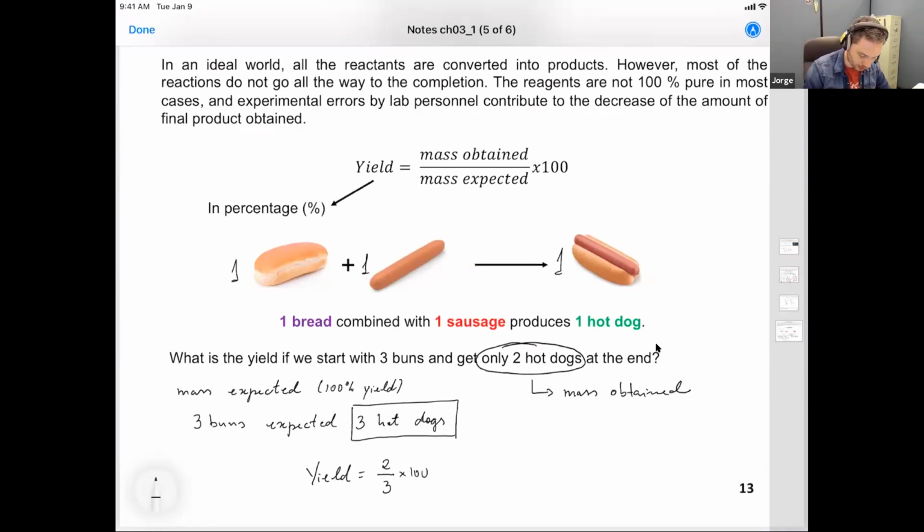And we are going to multiply by 100 to express the result in percentage. So we would get here a yield of nearly 67%. Okay, yield does not have units because you are dividing mass by mass. So that is the way that you are going to calculate the yield of a chemical reaction.